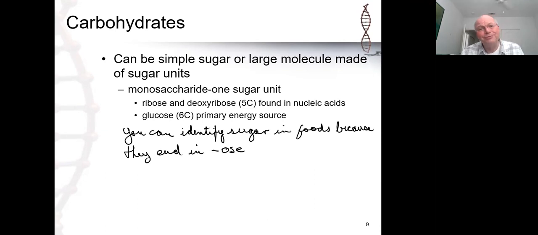Dextrose, another name for glucose, ends in OSE.